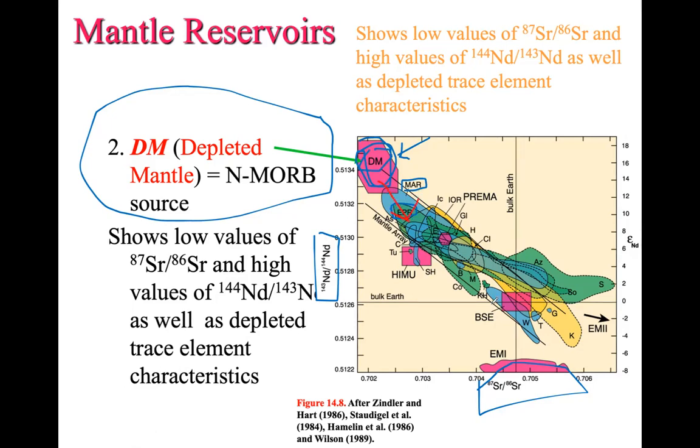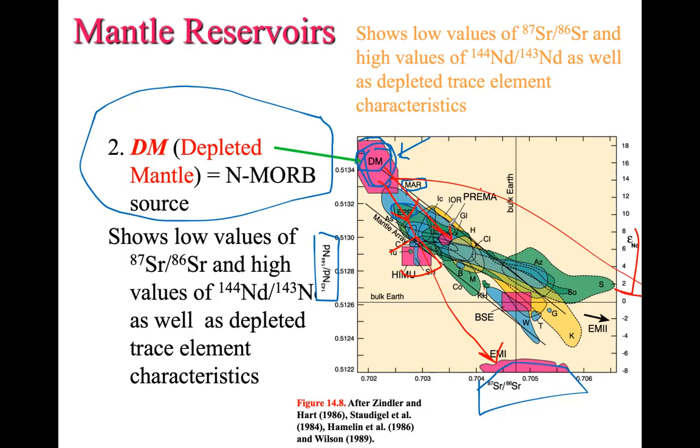That means they are affected by another component, maybe high mu, or maybe EM, because EM can also affect this. EM1, EM2, they can affect. So the original composition goes in a direction towards a second component.